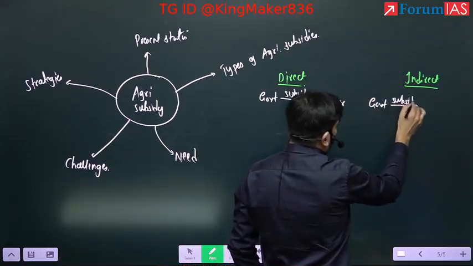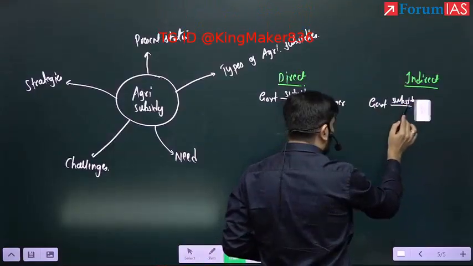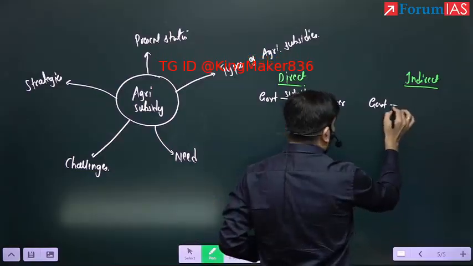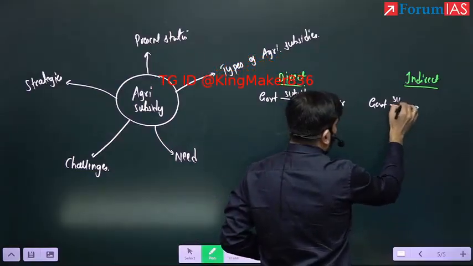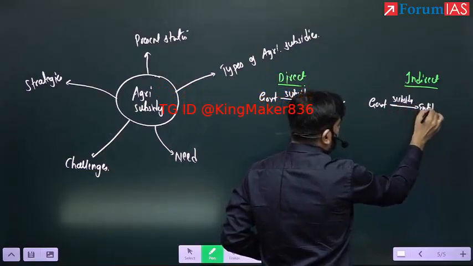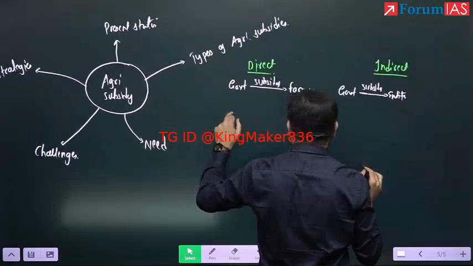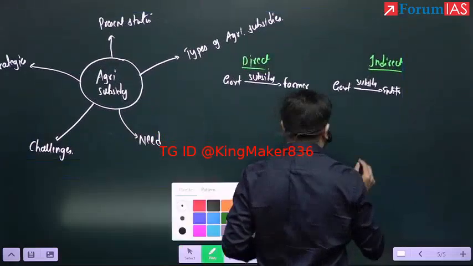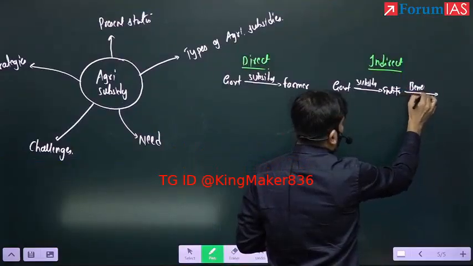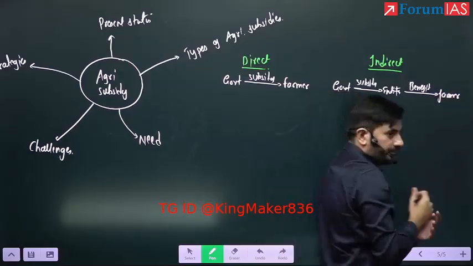Government is giving subsidy to some entity. It is not giving to the farmer. And this entity as such is passing on this benefit of subsidy to the farmer.